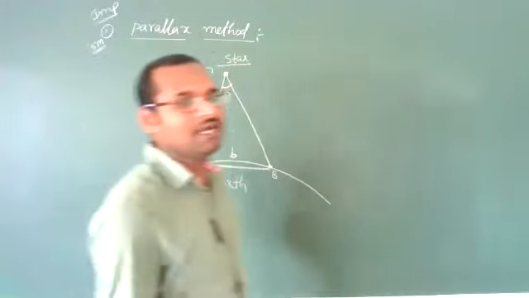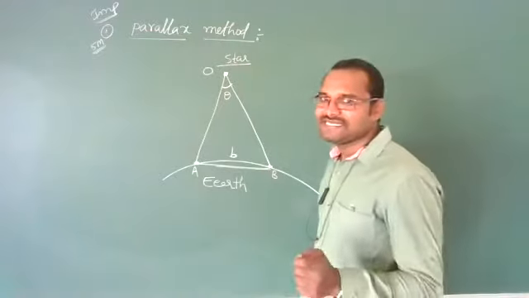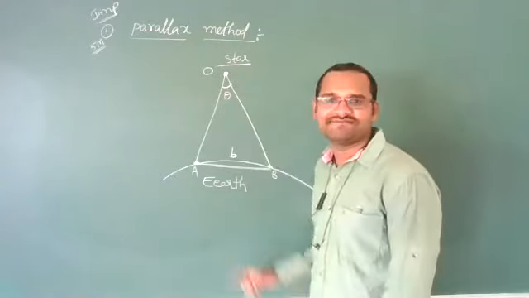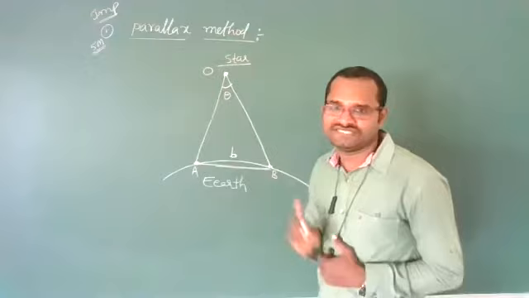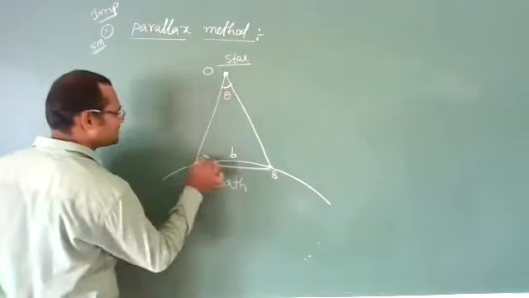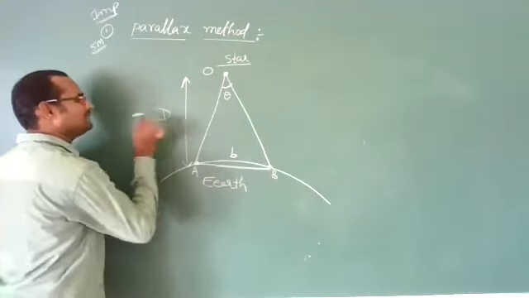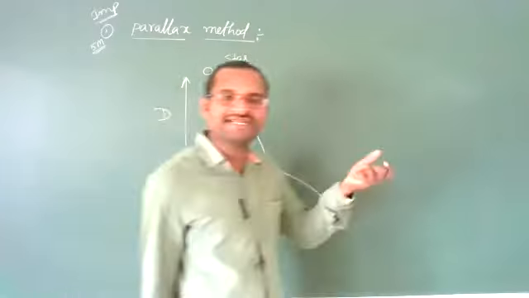Now here, one important point is that the distance of this planet from the earth, or the moon from the earth, will be very large. Let us imagine this distance is capital D, the distance of that object or planet from the earth.